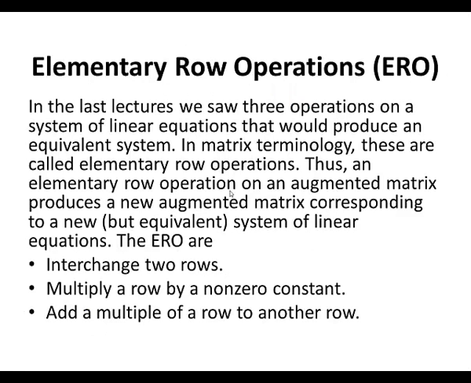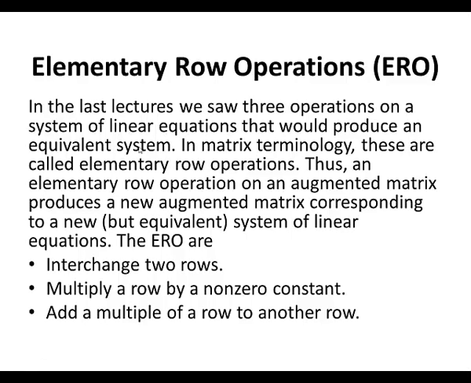Now let me remind you of something we saw in lectures 2 and 3, elementary row operations. We did see a couple of operations that would produce an equivalent system in previous lectures.